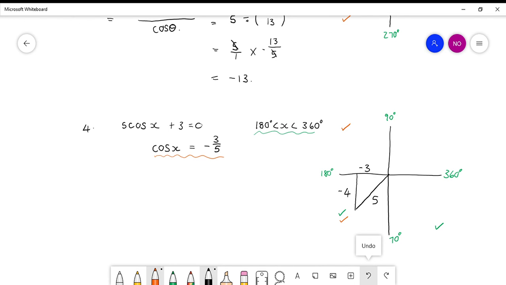Okay. Oor dieselfde goedjies. Nee, maar hoe meer jy oefen, hoe makliker word dit. Nou sê hulle vir jou bepaal die waarde van 3 tan x plus 25 sin kwadraat x. Okay, what's the value of tan x?